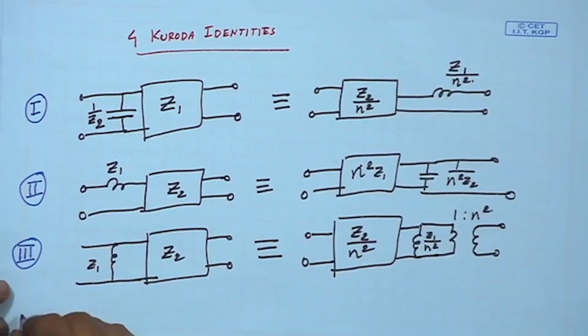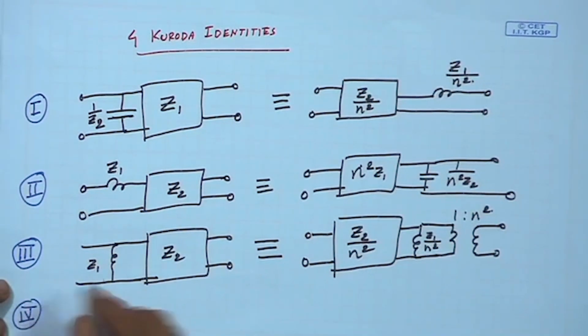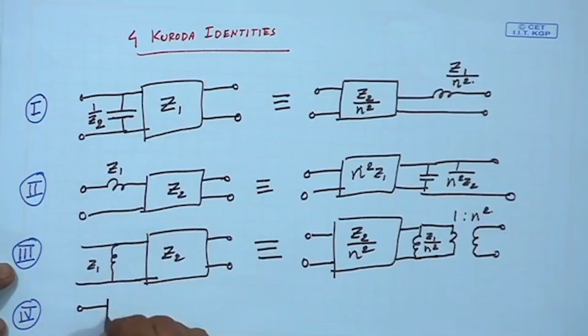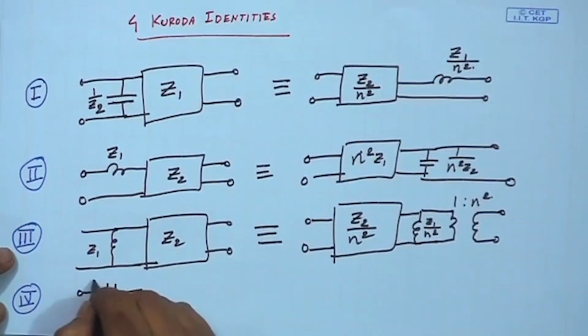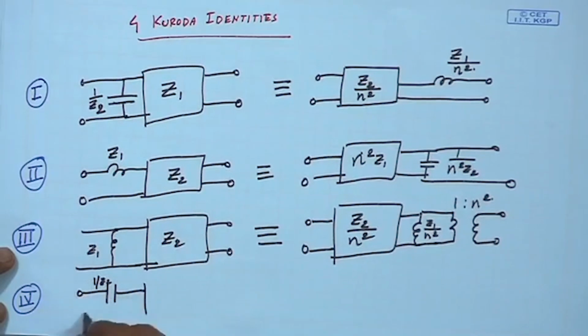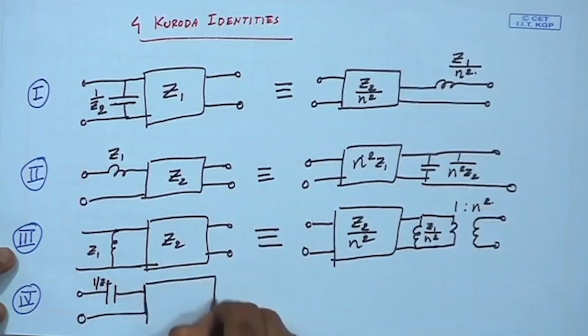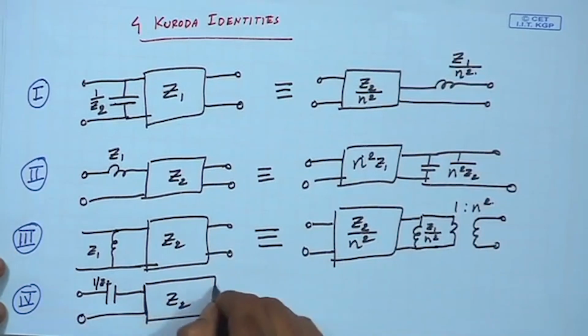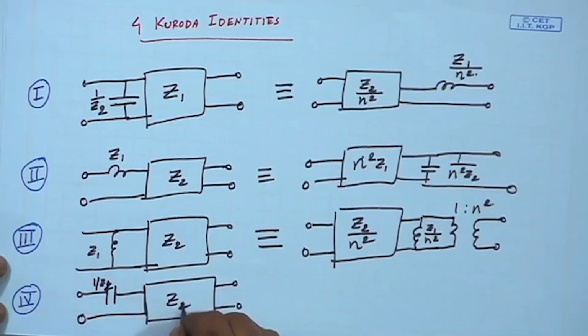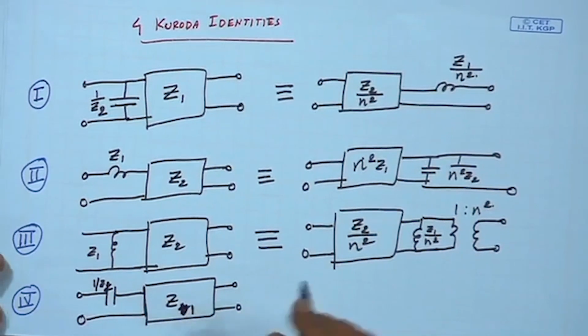And his fourth variety is, it was a shunt, you have a series capacitance, then you put Z2, sorry, this is 1 by Z2, this is Z1.